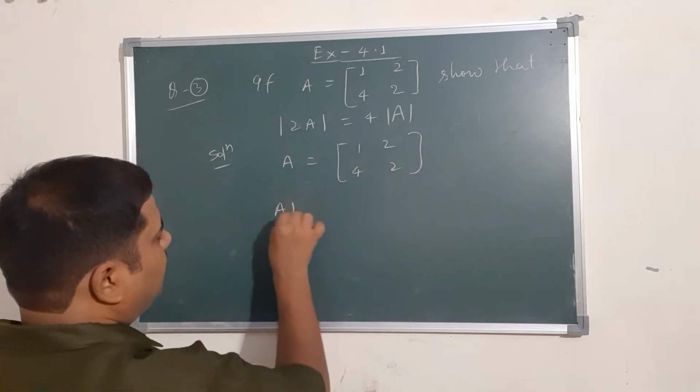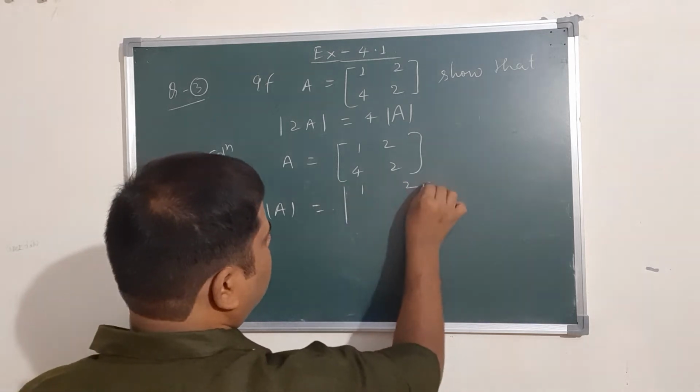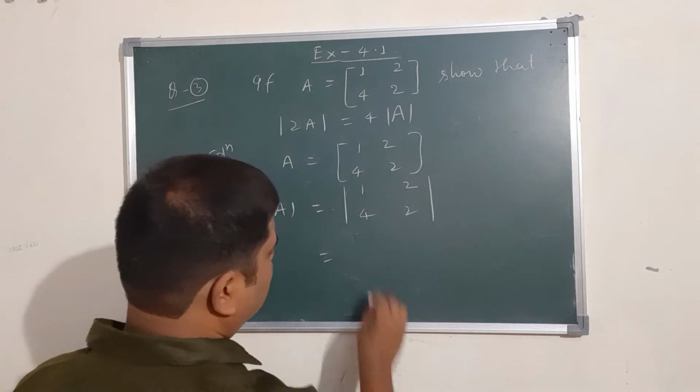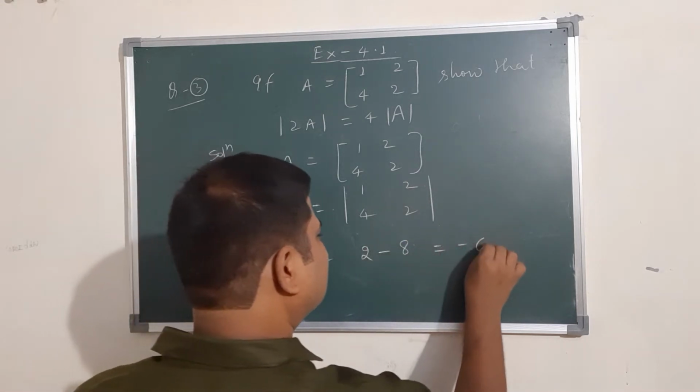So determinant of A is the determinant of 1, 2, 4, 2. One 2 is 2, minus 4 2s are 8, this is minus 6.